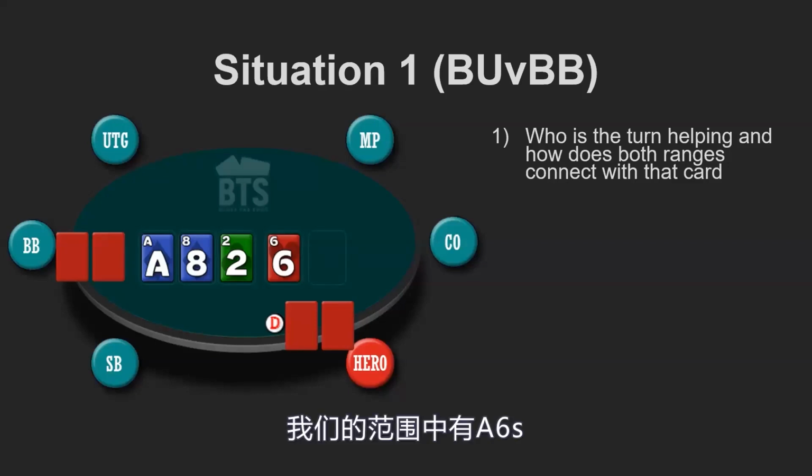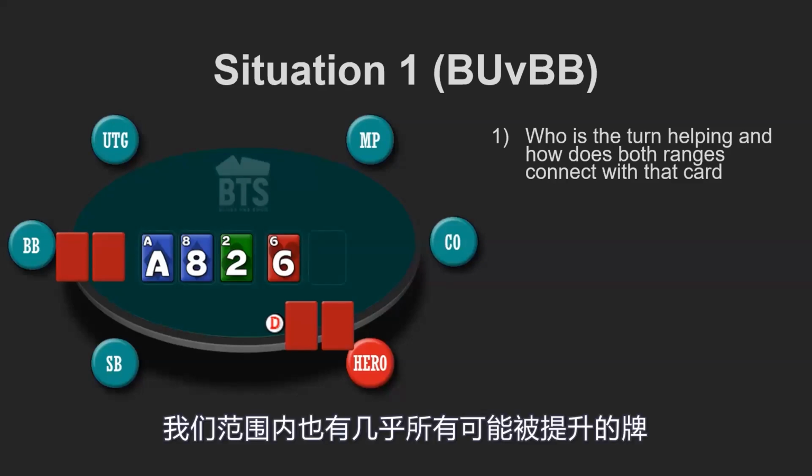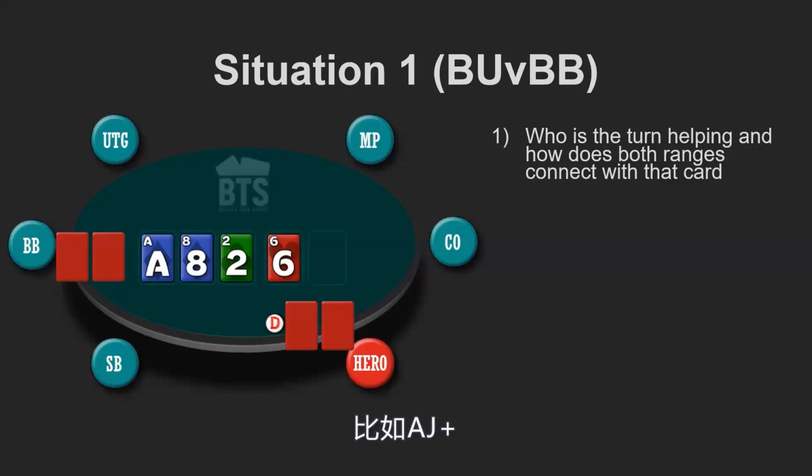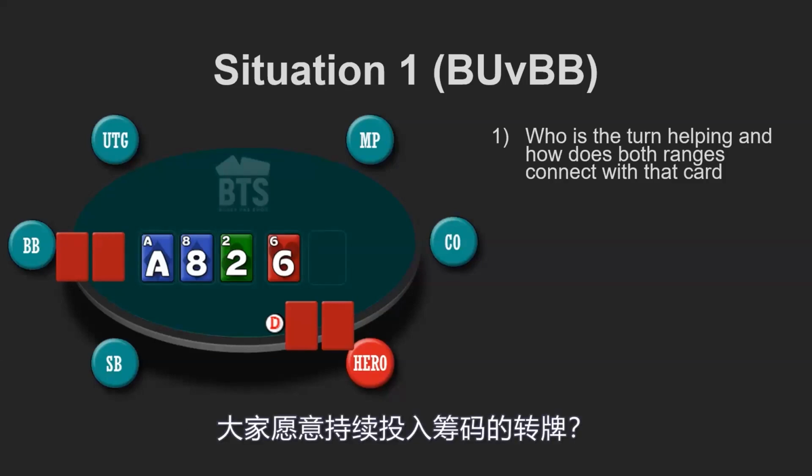We have 8-6 suited as well. We have all the things that he improves to. Plus we have all the really strong hands as well, all the strong pocket pairs and top pairs that he doesn't have, like ace jack. Plus we have pocket aces as well. So it's a spot where, would you guys feel comfortable putting in money or not really?